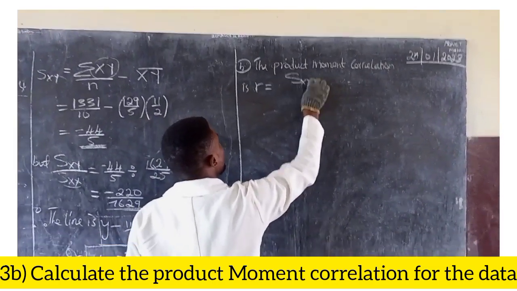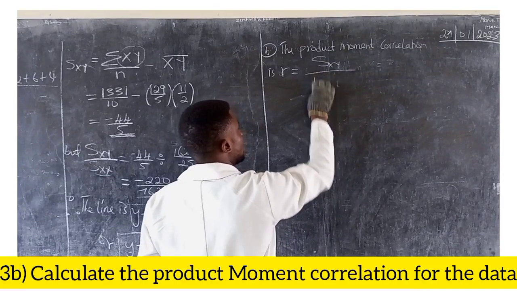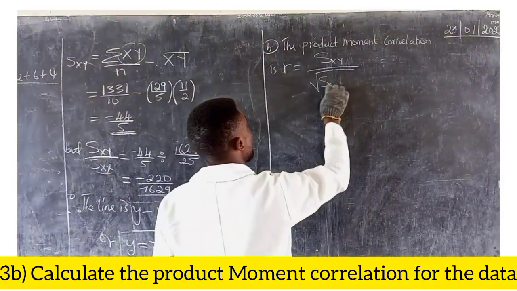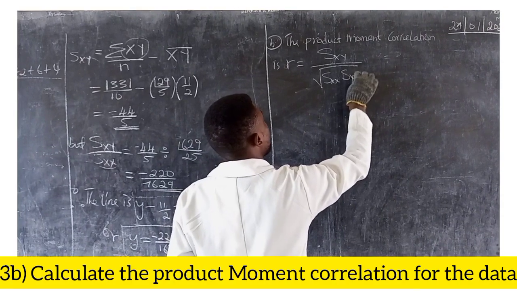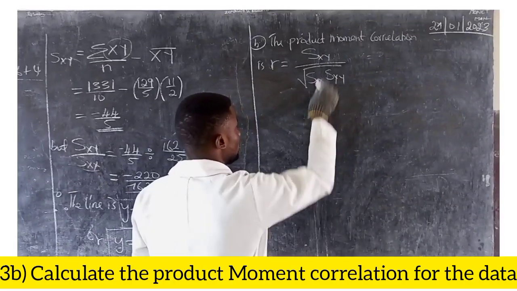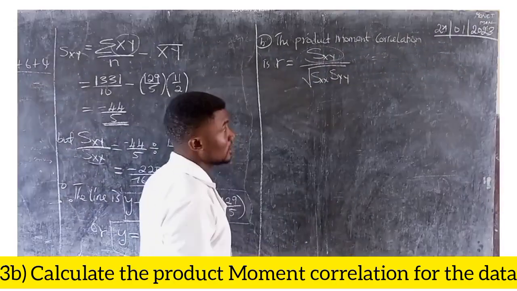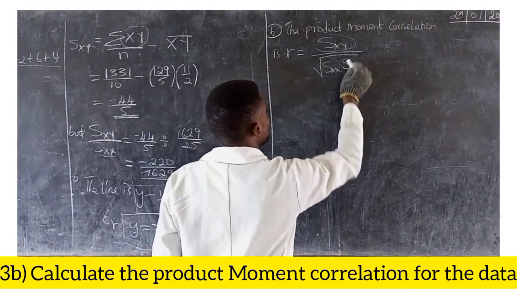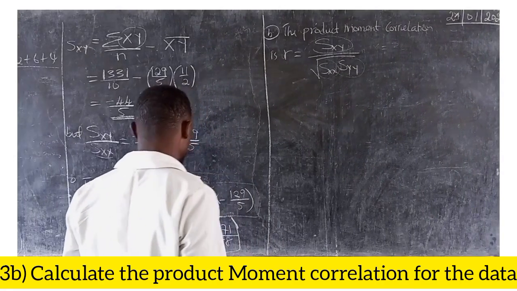The covariance of x and y divided by the standard deviations. That's the formula. So we already have this one. We have this one, but we don't have this one. So we need to find that one.